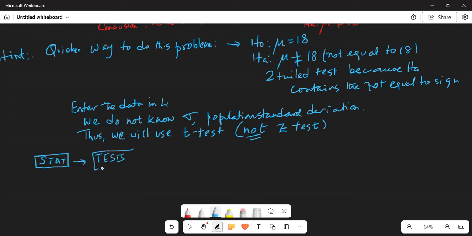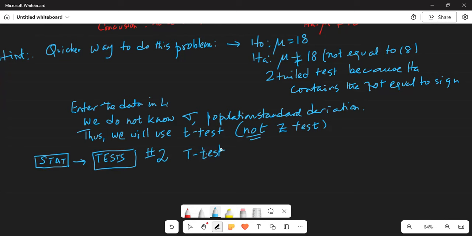That is what we call highlight. Stat, highlight, tests. Okay. And then select number 2, which is T-Test. We are not using a z-test because we do not know the population standard deviation.